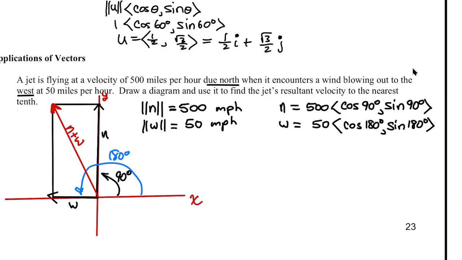Now, in order to get the result, I need to perform the computation. So what I would do is expand the N vector. So first I clean it up. Cosine of 90 is equal to 0. Sine of 90 is equal to 1. So 0, 1. And W would be equal to 50. Cosine of 180 is negative 1. Sine of 180 is 0.